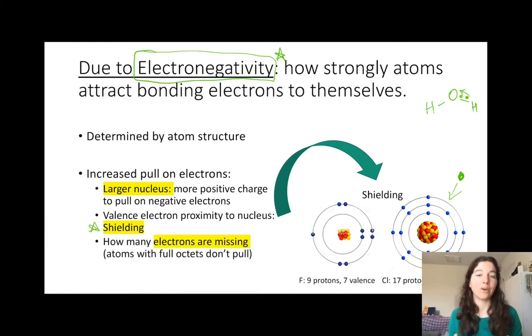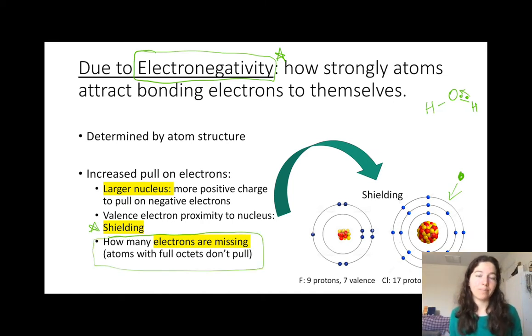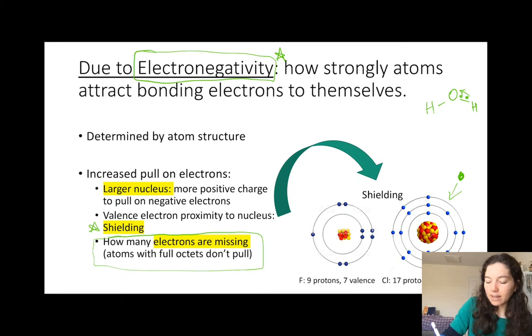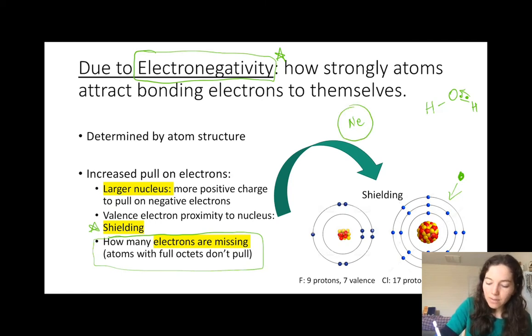The other thing to know is that sometimes atoms don't pull on electrons. And this is determined by whether or not they have a full octet. So things like neon or xenon or argon, these are noble gases. Noble gases have a full valence electron shell.